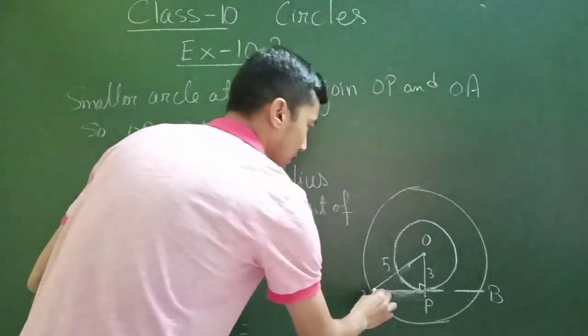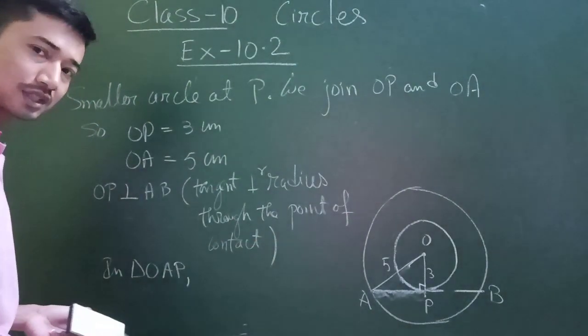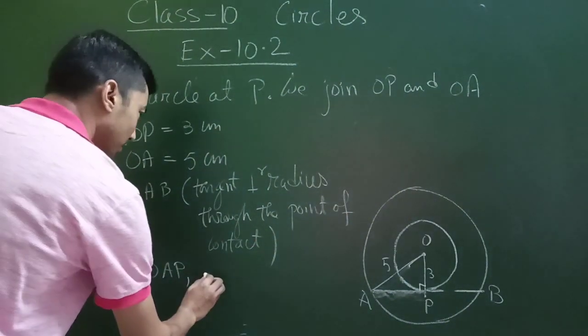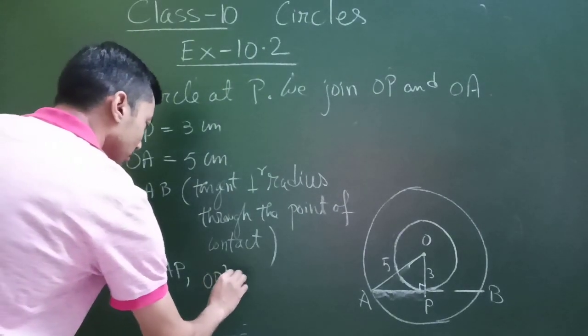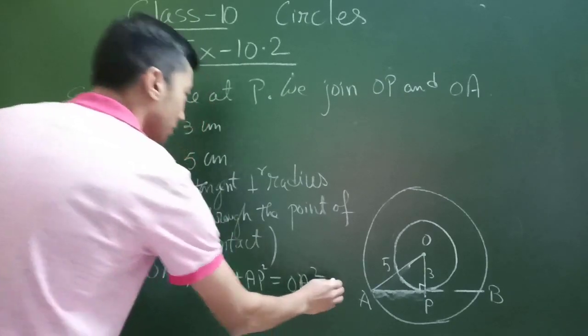Let me first find out this. Our job is to find out AP. So in triangle OAP, what happens is OP square plus AP square will be equal to OA square.